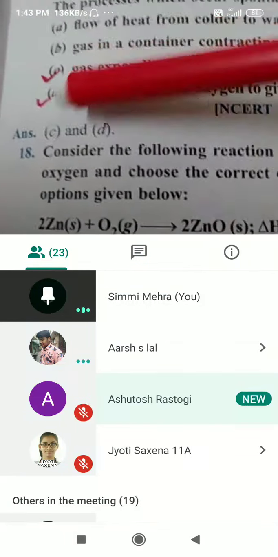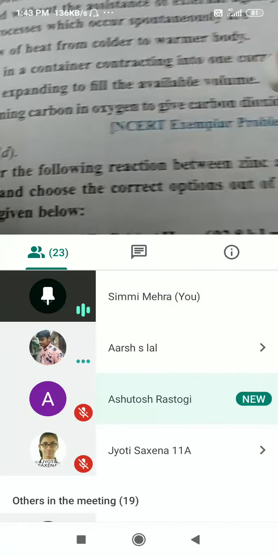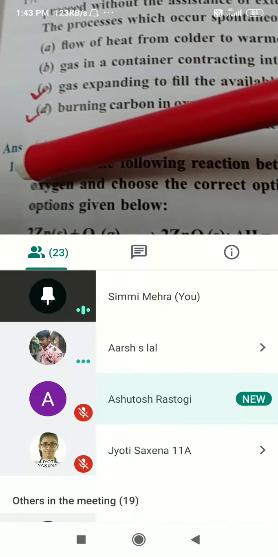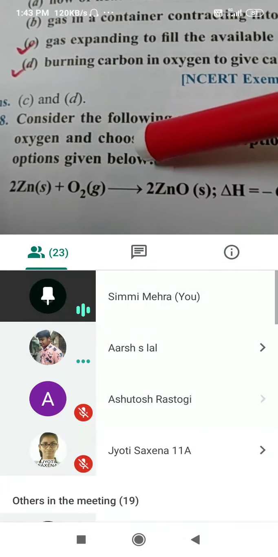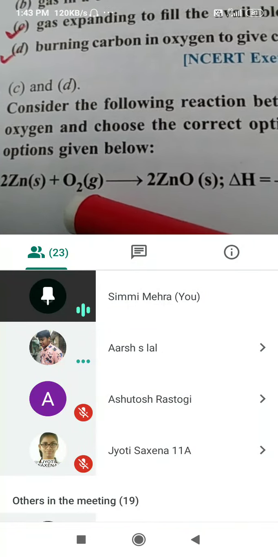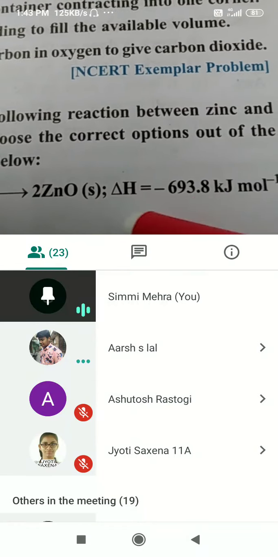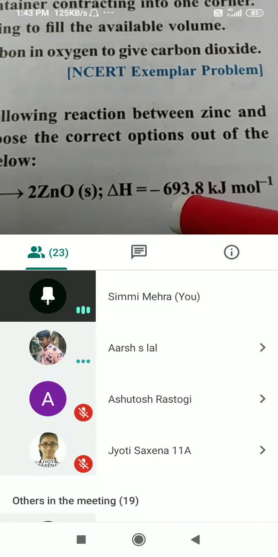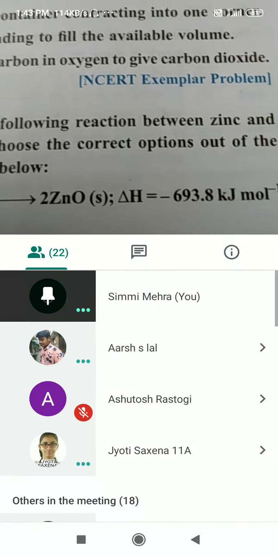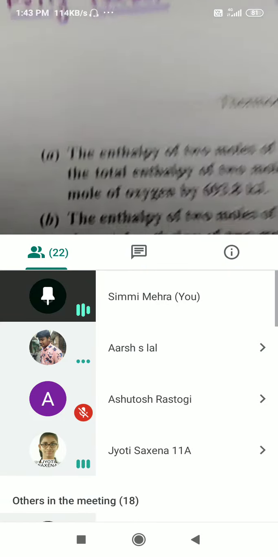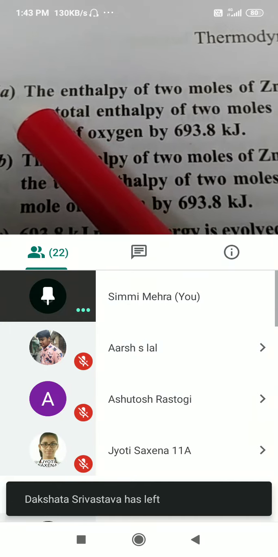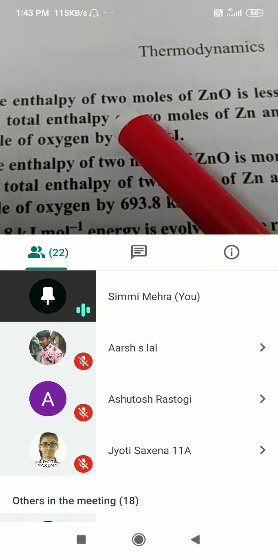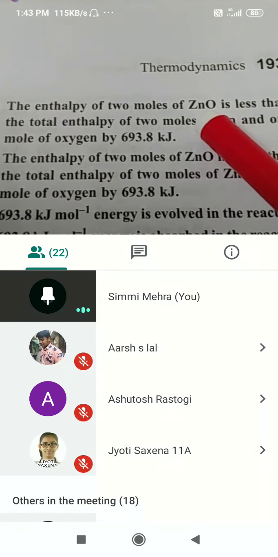Next one. Consider the following reaction between zinc and oxygen and choose the correct options out of the options given below. Zinc reacts with oxygen to form zinc oxide. Delta H is negative. That means it is exothermic, right? Then the second option is the enthalpy of 2 moles of zinc oxide is less than.